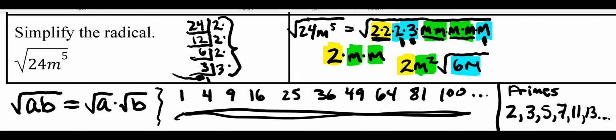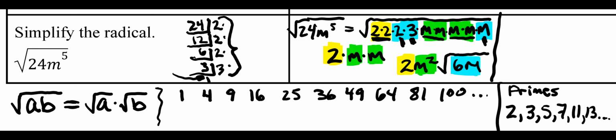But in a little faster way is to recognize, at least with the numbers, if any of these perfect squares here are factors of 24, and the only one that I can really see that would go into 24 would be 4 itself. And so I could rewrite the square root of 24 as the square root of 4 times the square root of 6, because 6 times 4 is 24.